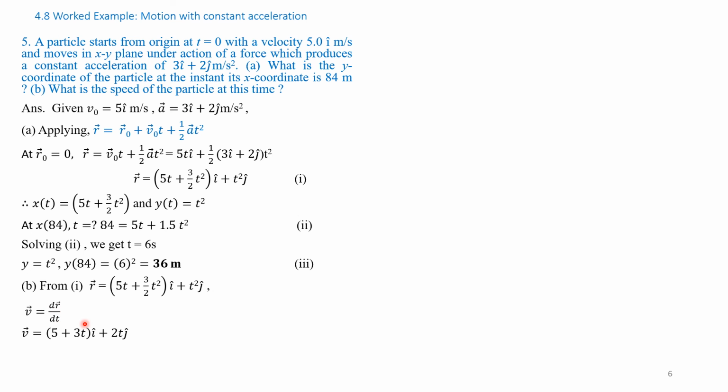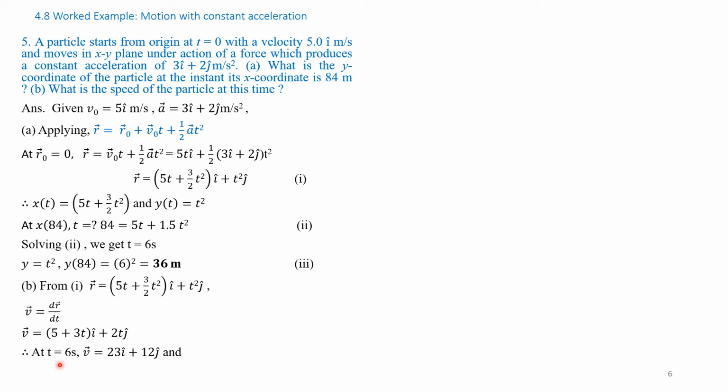So v is equal to dr by dt, which is (5 plus 3t) i plus 2t j. That is the differential of r, that is the differential of this equation.